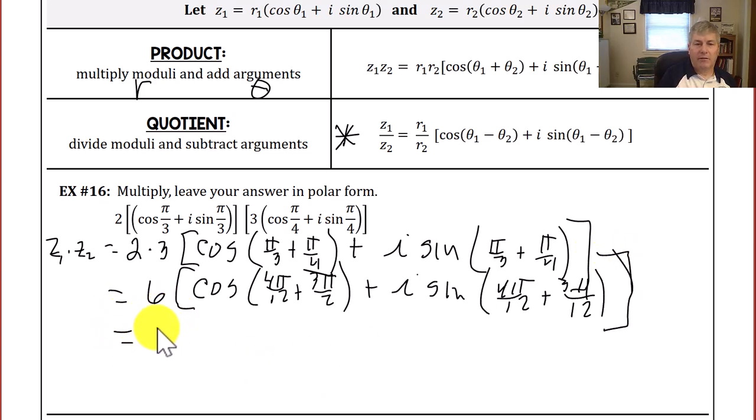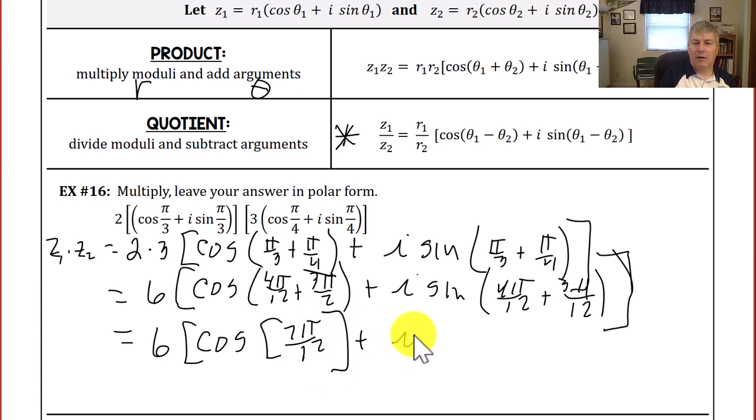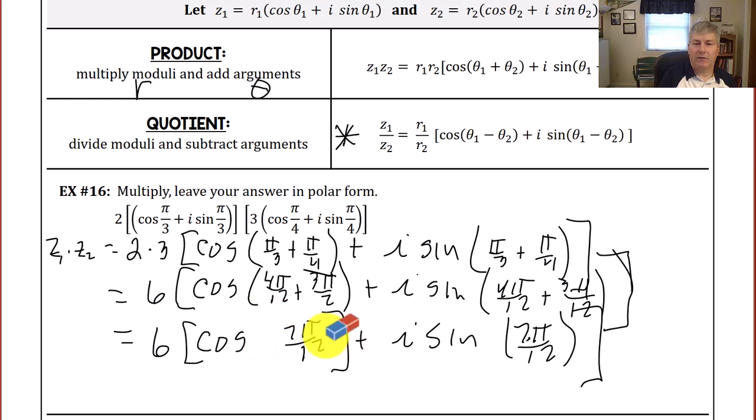So we get 6 cosine of 7 pi over 12 plus i sine of 7 pi over 12. I should be more careful with my parentheses and brackets to avoid confusion, so I should keep those as parentheses there. And that's really our final answer.